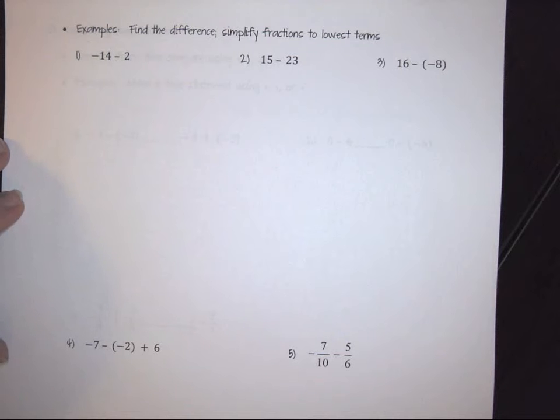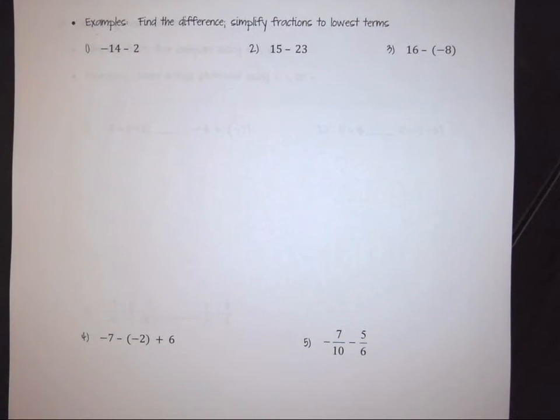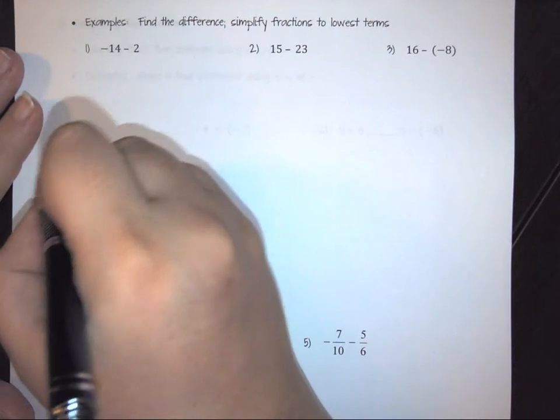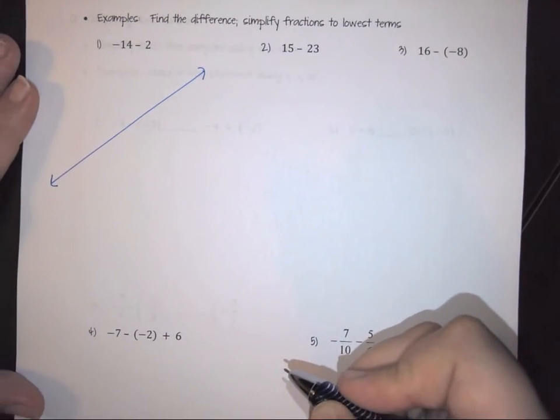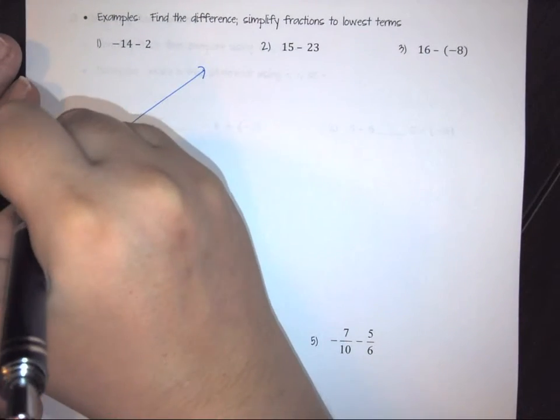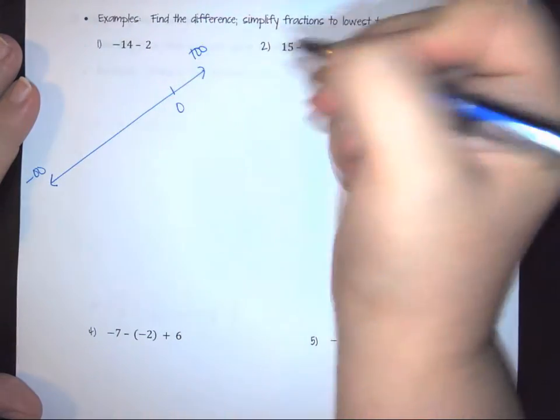So our first example says we're going to take -14 and subtract 2. So one way that we can look at this is, again, we can use the number line idea. So again, negative infinity to positive infinity. I'm going to put my 0 in.